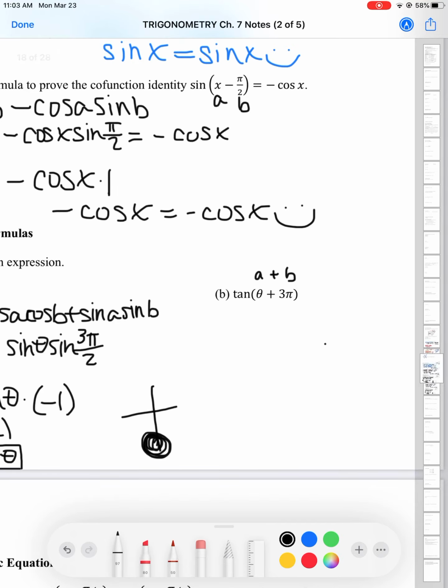So we've got tangent A plus tangent B over 1 minus tangent A tangent B.